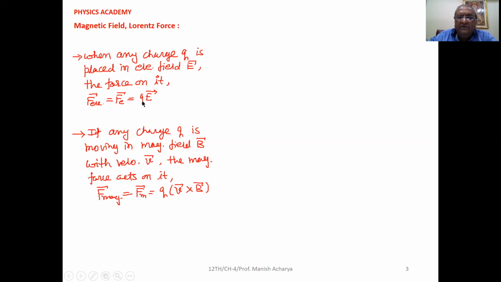And if the charge is negative, then the force will be in the opposite direction of the electric field. But here one can fix the direction of the magnetic force by the right hand screw rule or right hand thumb rule, with the help of this vector product. Clear to all of you?